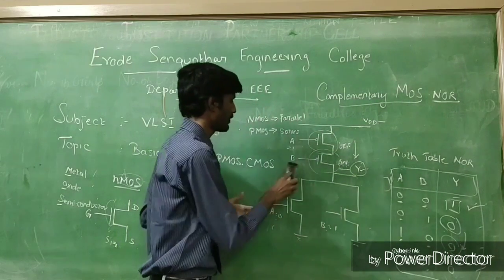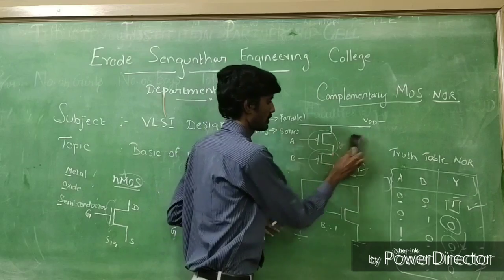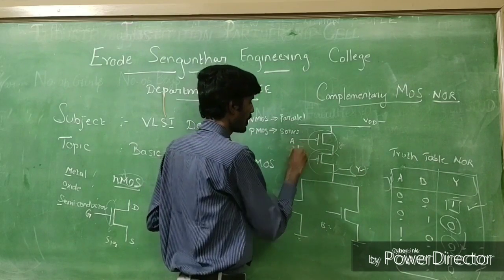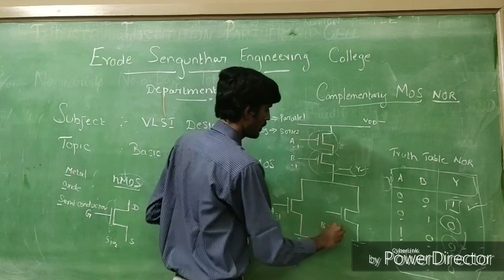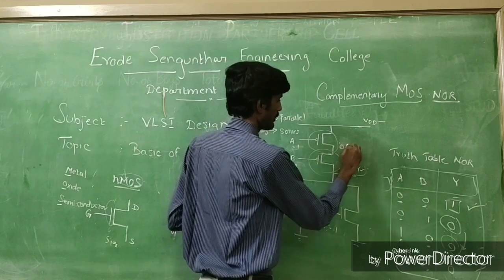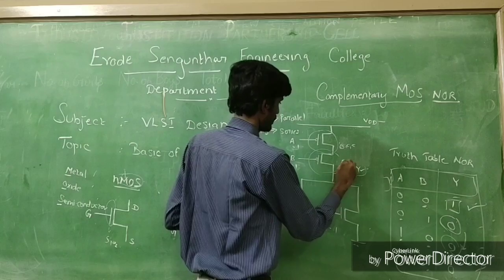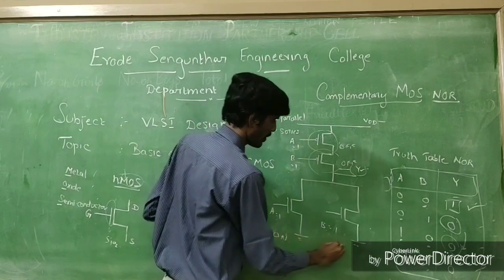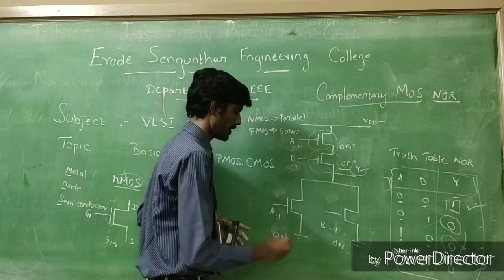Then obviously find the last one. When A equal to 1 and B equal to 1, both PMOS should be off and both NMOS should be on. So what will happen now?